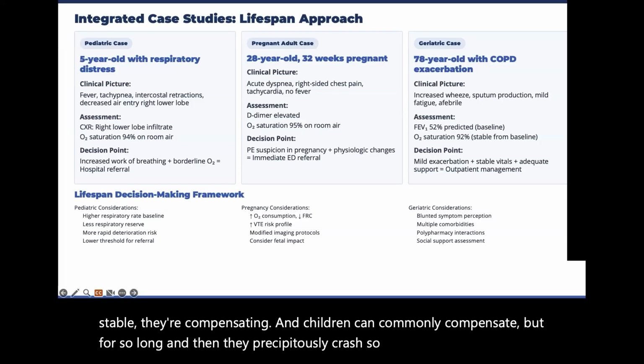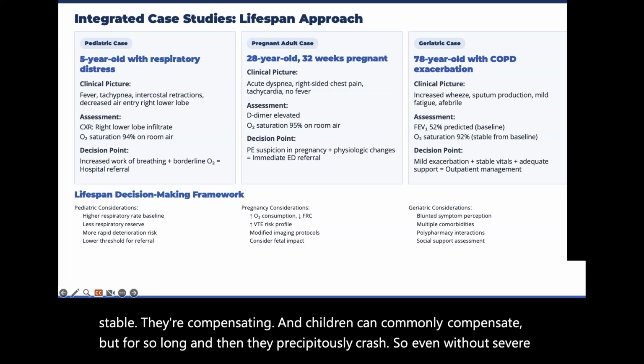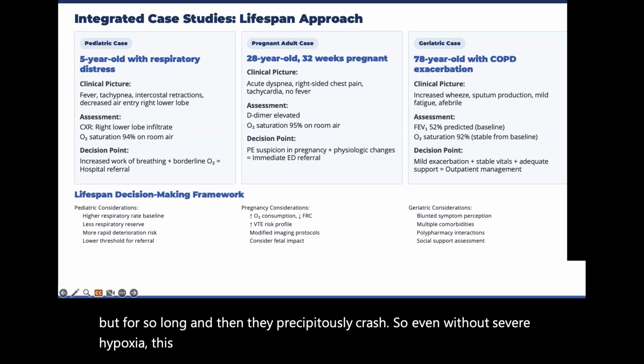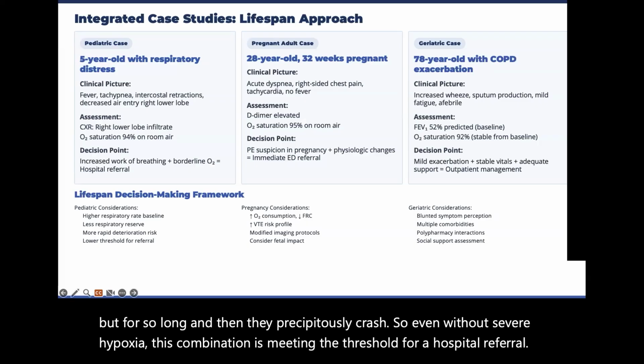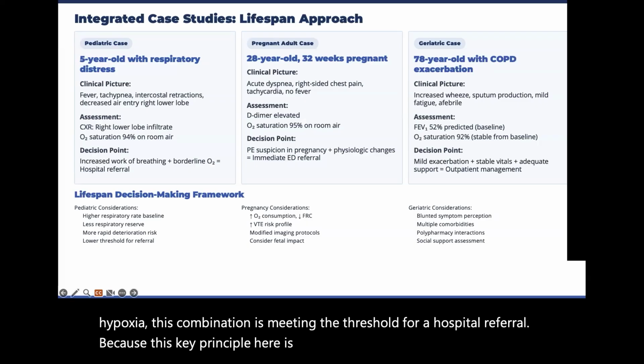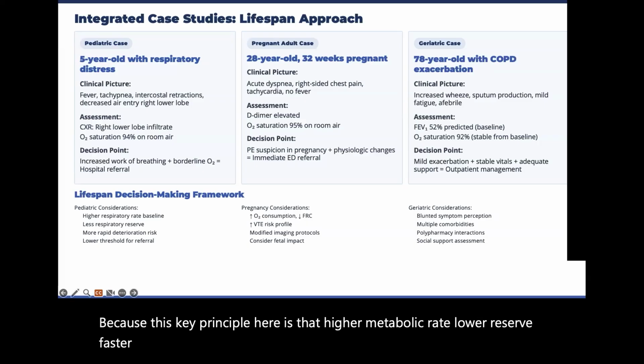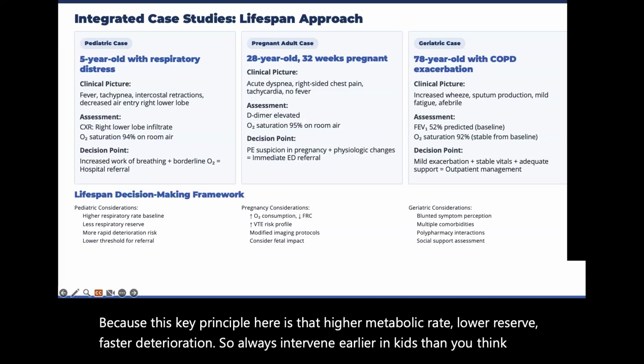So even without severe hypoxia, this combination meets the threshold for a hospital referral. The key principle here is higher metabolic rate, lower reserve, faster deterioration. So always intervene earlier in kids than you think you need to.